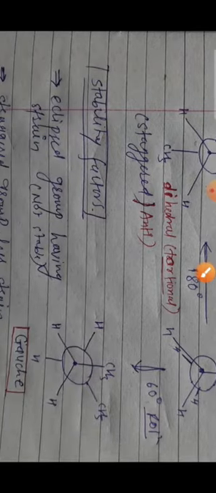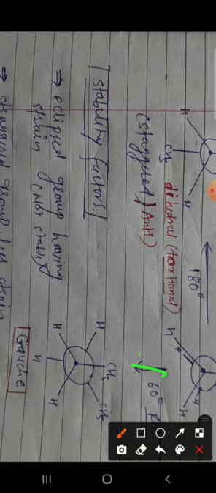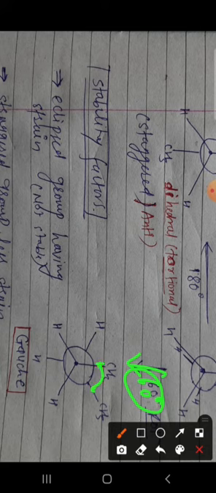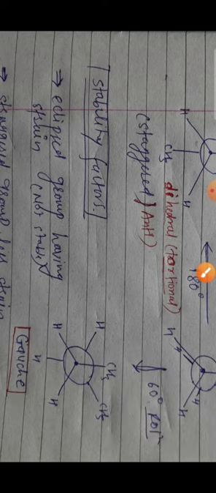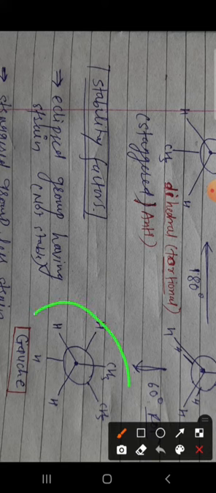Another conformation: if I rotate the molecule by 60 degrees, we get this kind of conformation, and that conformation is called the gauche conformation, because similar groups have a 60 degree angle of separation, and in this conformation they are stable compared to the eclipsed position. This gauche conformation is stable as compared to the eclipsed conformation, but unstable as compared to the staggered conformation.